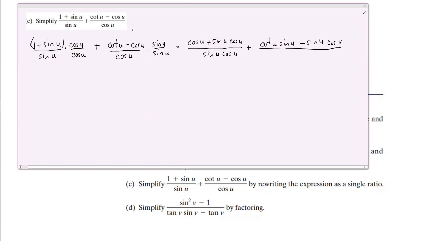Okay, both of these are now over the common denominator we built of sine u cosine u. So if I put all of this over the common denominator, let's see what happens.